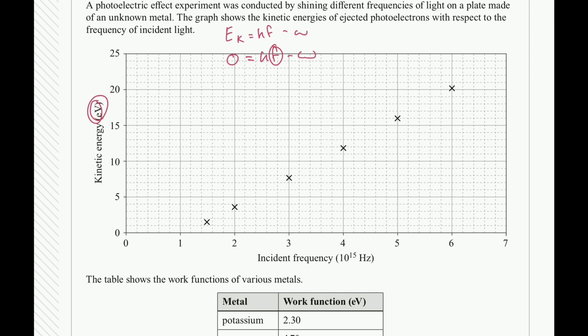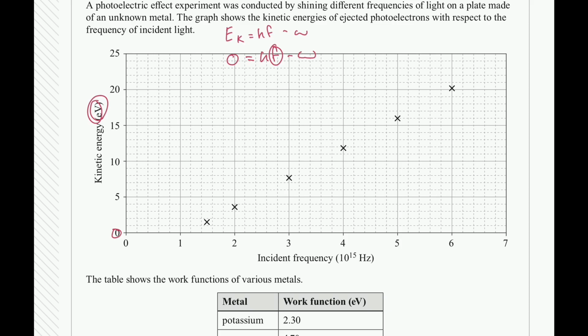If we use any data from this graph, we need to remember the kinetic energy is in electron volts. First, I want to find out when our kinetic energy is equal to 0.